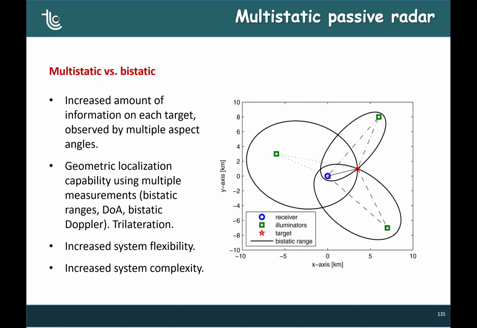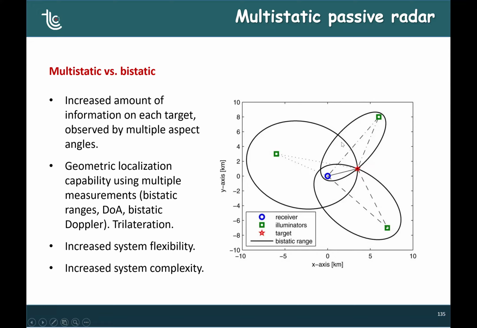I'm just showing you that with multiple systems, we have multiple ellipses. So you see that for the first target, if there is no angular resolution, the target could be anywhere on the first ellipse, the same on the second ellipse, and the same on the third ellipse.